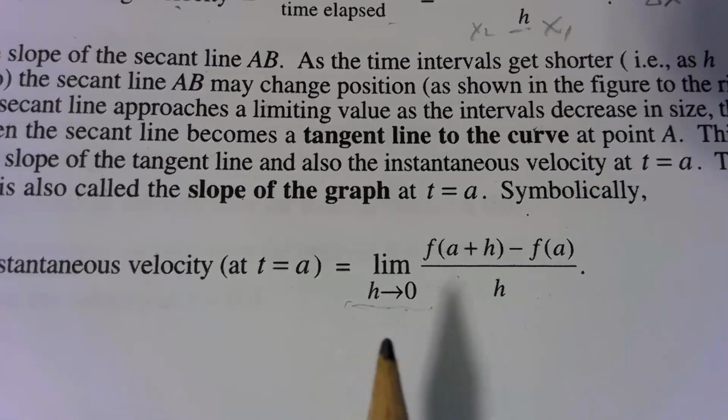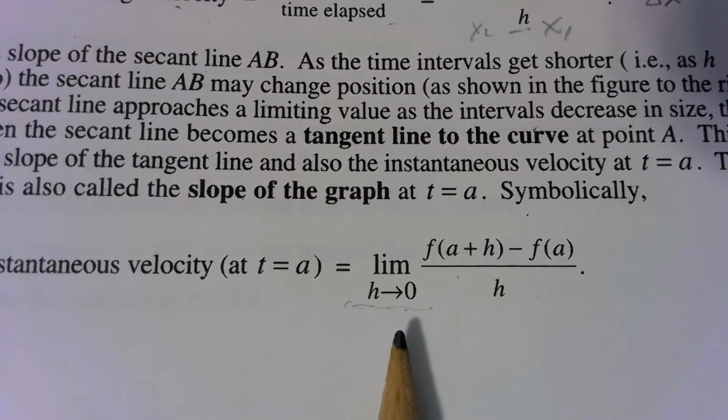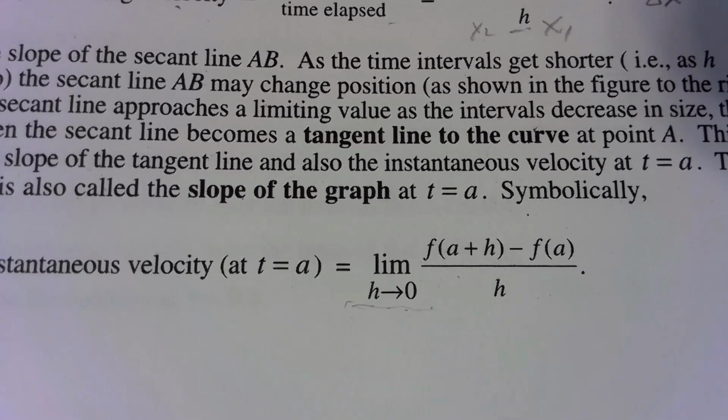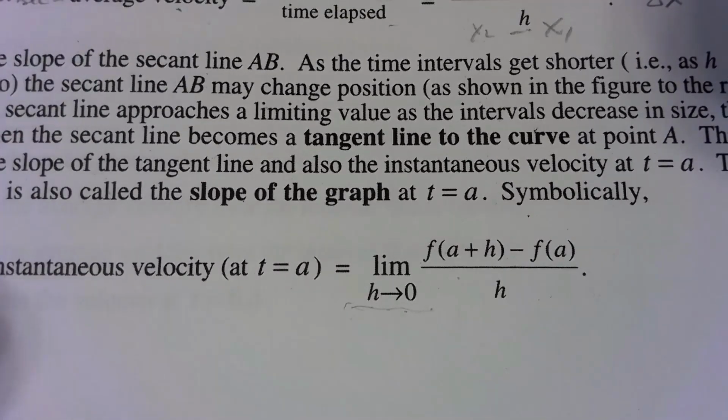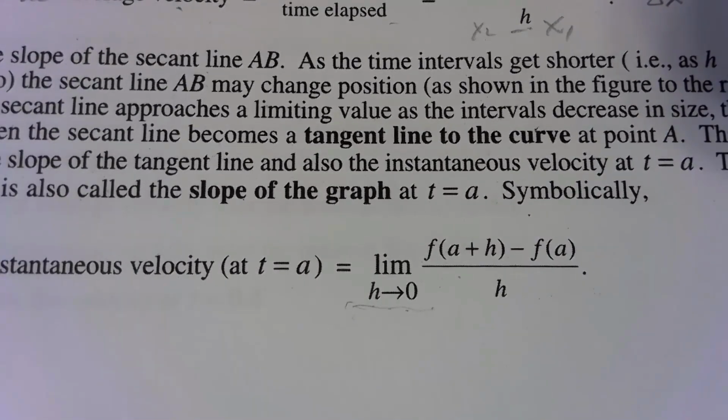What this means is we're collapsing the interval width to 0, or very close to 0, so that those two points are practically on top of each other, and we're finding the slope of this really tiny little secant line. Because it's so small and the points are so close, the slope of that little secant line is going to be identical to the slope of the tangent line. That's the difference between instantaneous and average velocity.